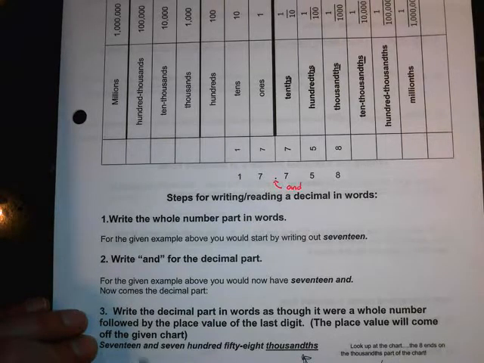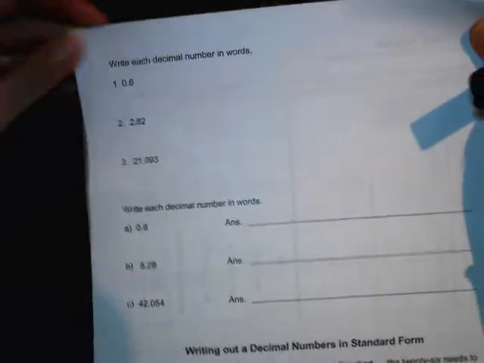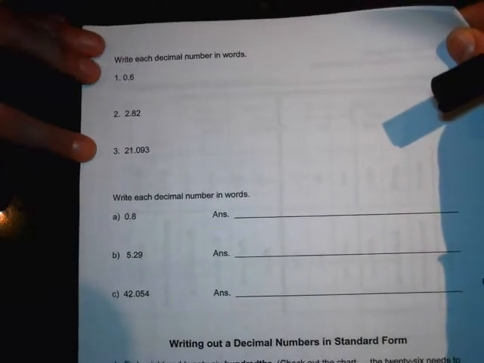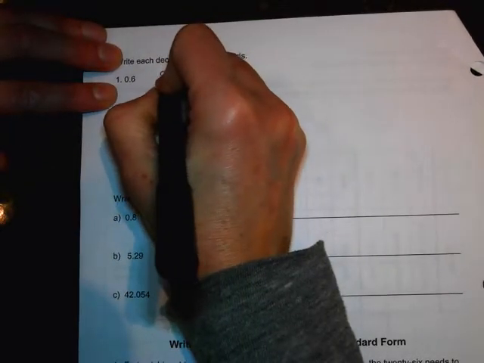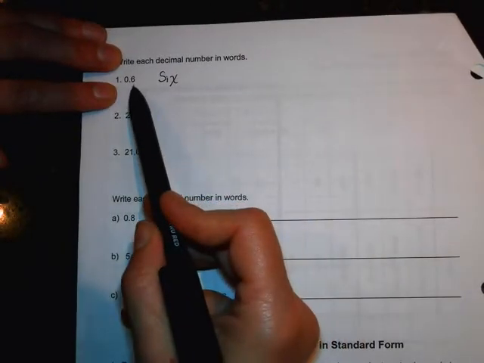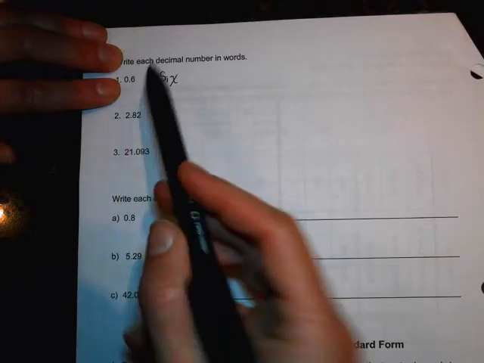Okay? So let's try it. So it says write each decimal number in words. So first, you can write out 0 and 6, but if it's just a 0, we usually just start with the 6. And then we need to let the viewer know where that position is, so that the first position after the decimal is 6/10.